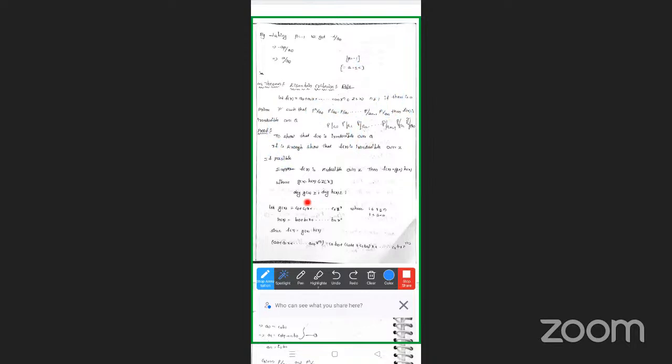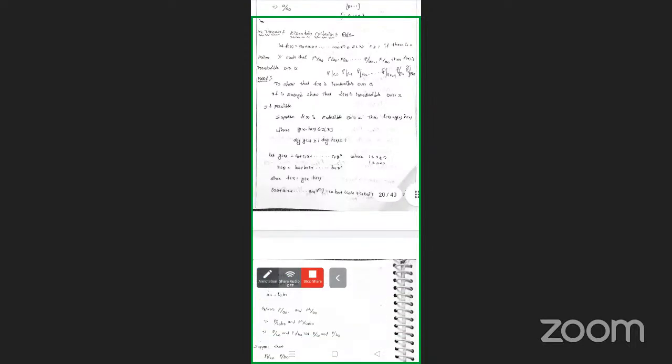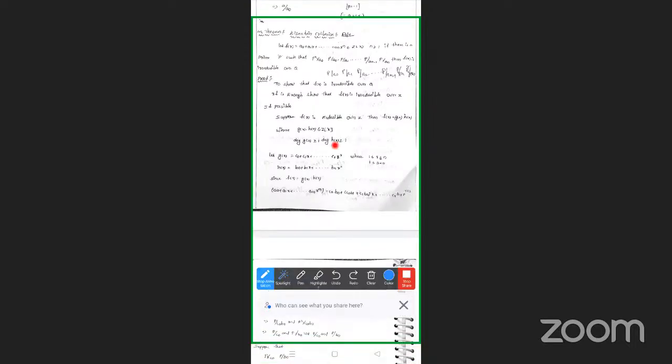So we are taking the degree of g of x greater than or equal to 1 and the degree of h of x greater than or equal to 1. Let g of x be equal to c naught plus c1 into x plus up to cr into x power r, where 1 is less than or equal to r less than or equal to n, so the degree of g of x is at least 1.